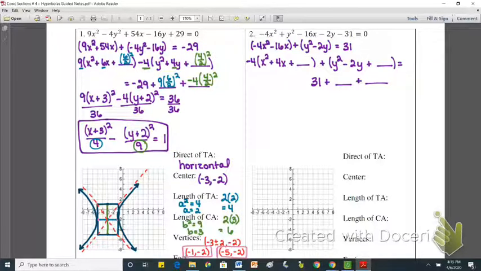So let's go ahead and complete our square. So I have 4 over 2 squared, and I have negative 4 copies of that. Here I have 2 over 2 squared, and I only have 1 copy of that, so I'm just going to write it.